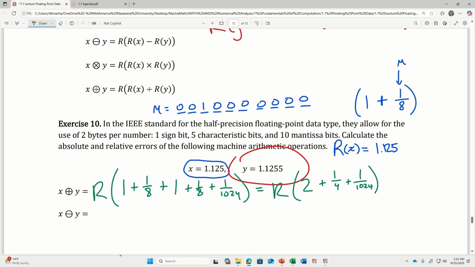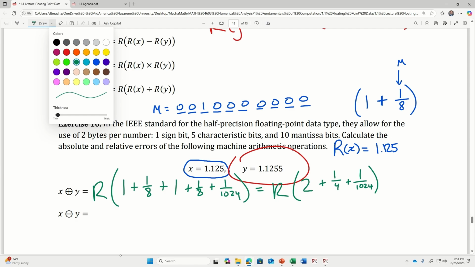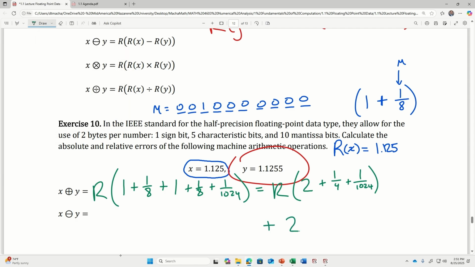Now that I'm larger than 2, I need to increase my characteristic bits. I need my formula to have a positive sign plus 2 to the 1 power times 1 plus my mantissa.